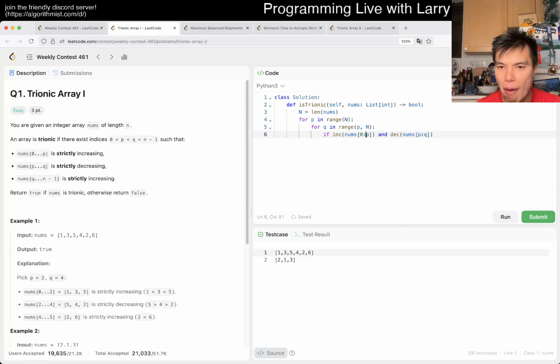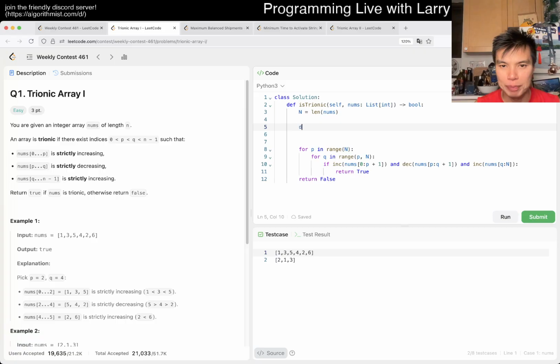And increasing from Q to N, then return true, right? We'll just have to implement the other ones. Or we'll be a little bit lazy about it.